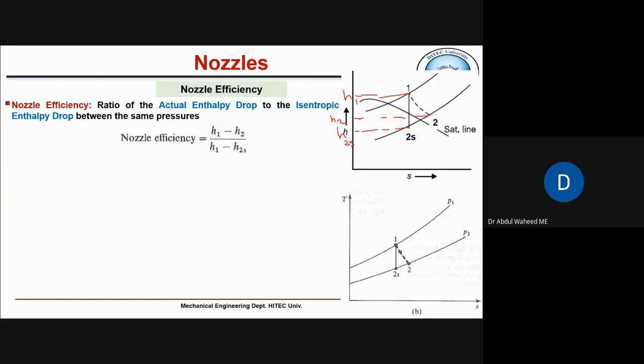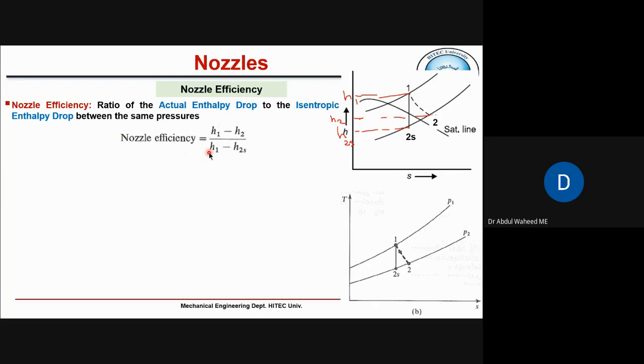So based on this, we can define nozzle efficiency as actual enthalpy drop, which is H1 minus H2, divided by isentropic enthalpy drop, which is H1 minus H2s. So that's how we define nozzle efficiency. And we also know how to calculate all these enthalpies using steam table or HS chart if it is a non-ideal gas like steam.